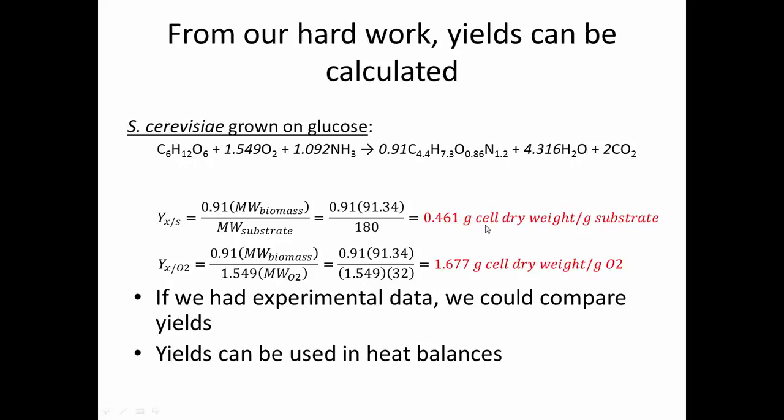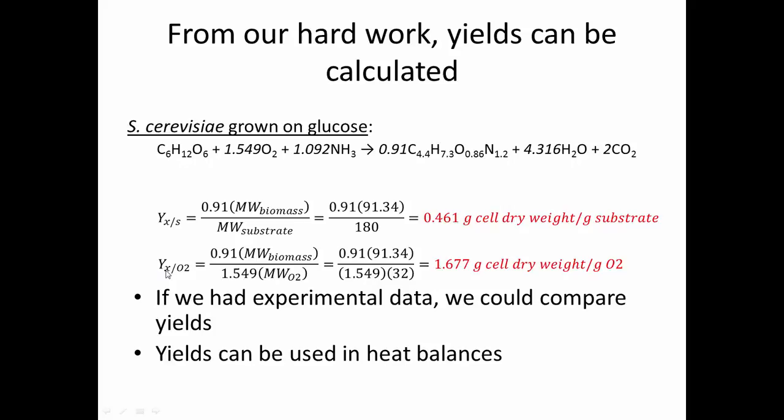But if we want weight per weight yields, we just do 0.91 multiplied by the molecular weight of biomass, so we figured out the molecular weight of this formula, divided by the molecular weight of our substrate, and that gives us 0.461 grams of dry cell weight per gram of substrate utilized.